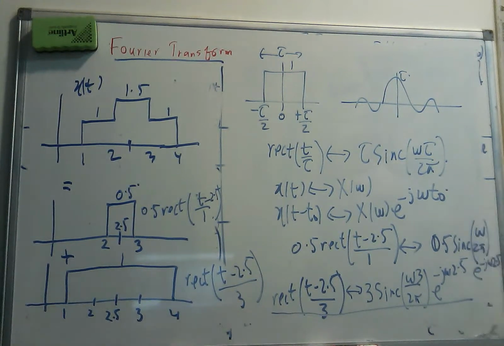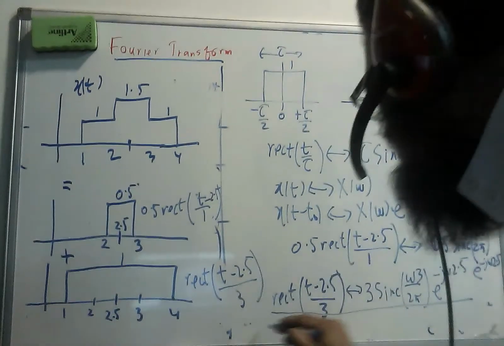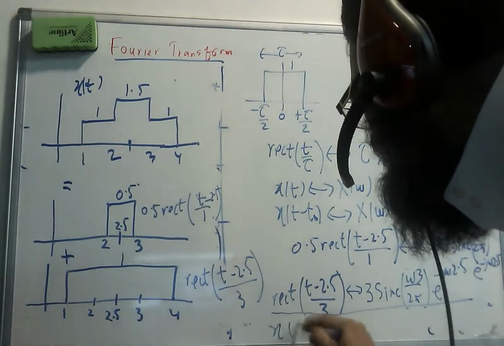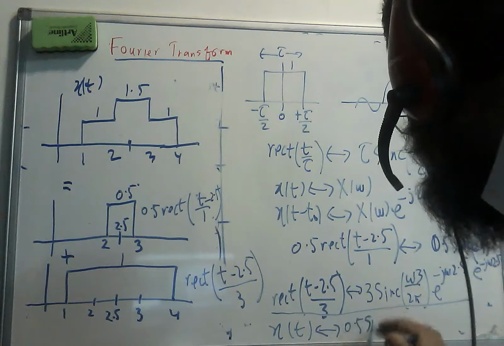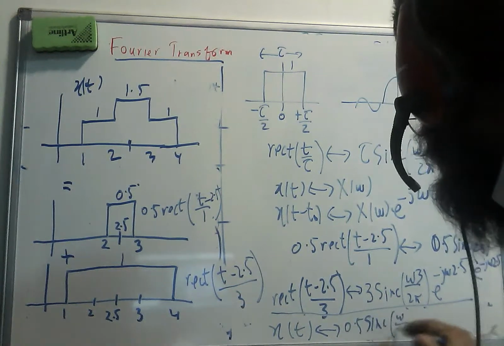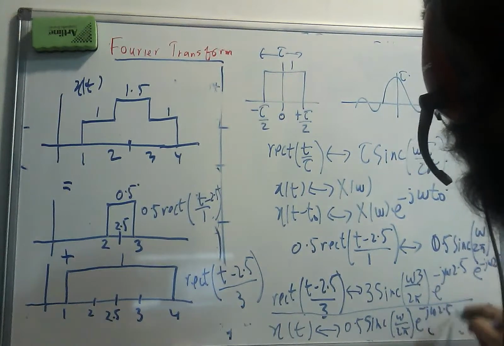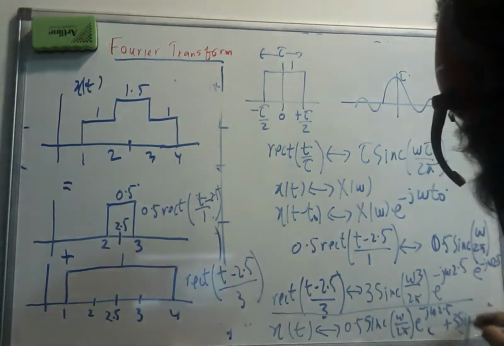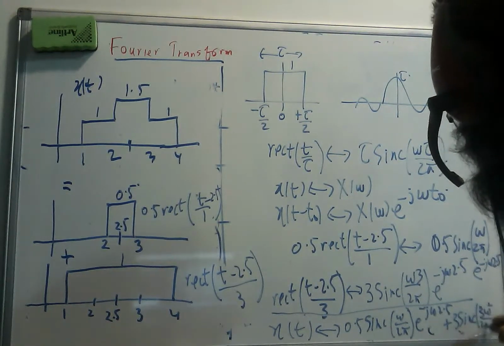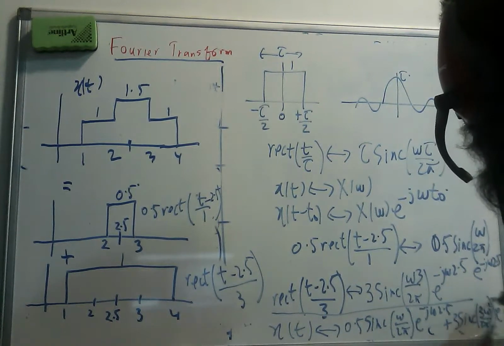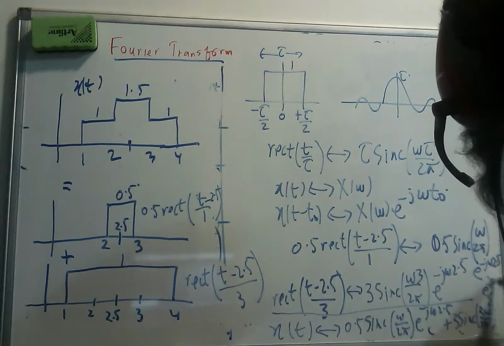The answer is: the Fourier transform of x of t is 0.5 sinc of omega over 2 pi e raised to the power minus j omega 2.5, plus 3 sinc of 3 omega divided by 2 pi e raised to the power minus j omega 2.5.